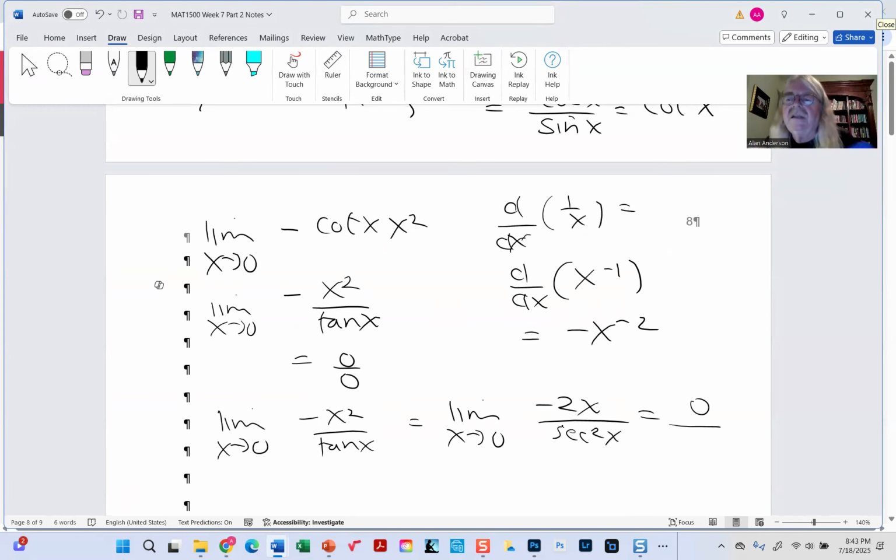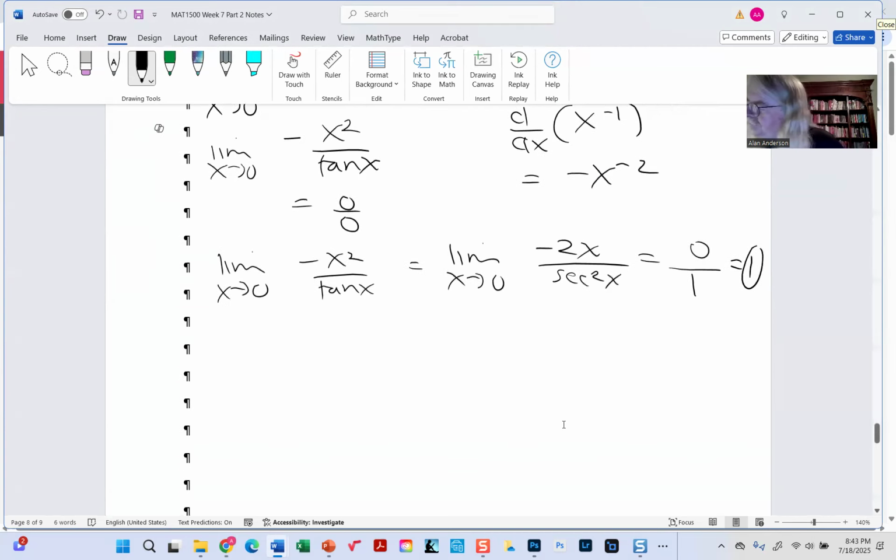Now remember, the secant is the inverse of the cosine. So we take the cosine of 0. It's 1, and then 1 squared is 1. Okay, great.